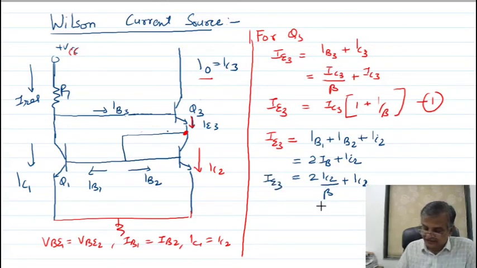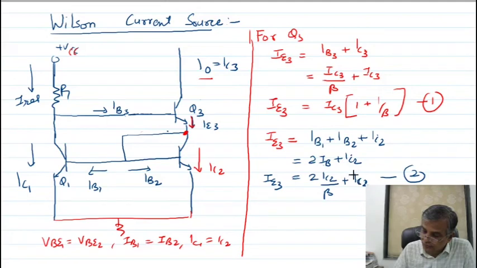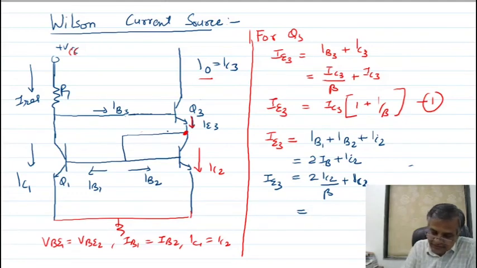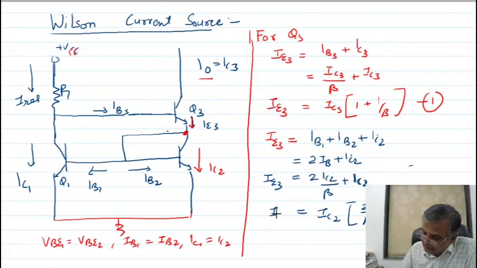We know basically base current is collector current upon beta. So I have taken this. Take the IC2 also common. IC2 I am taking common. So 2 upon beta plus 1. This is IE3, equation 2.